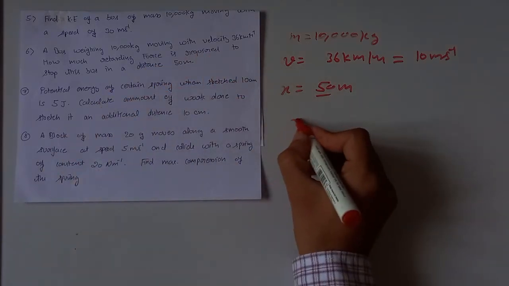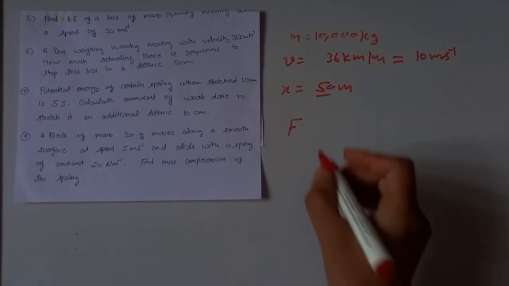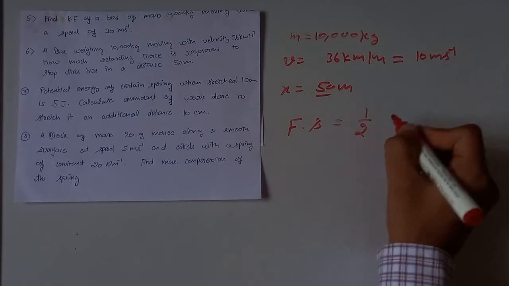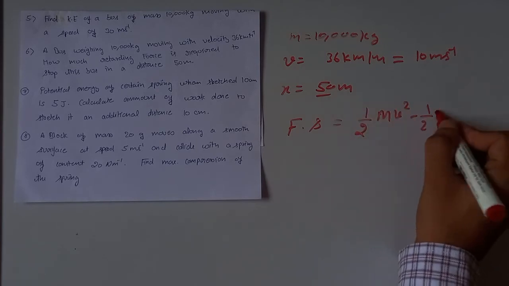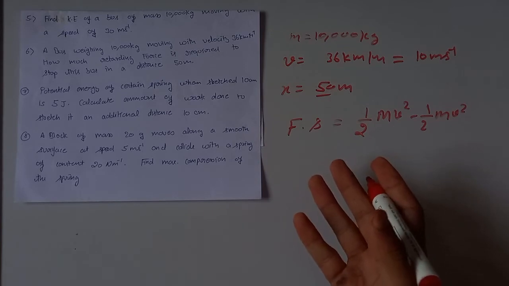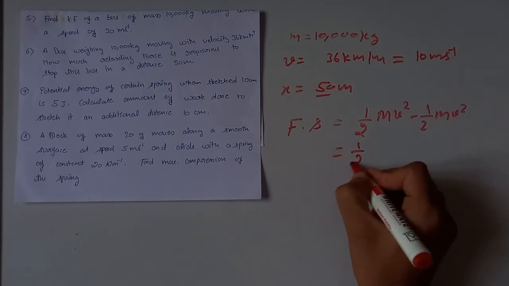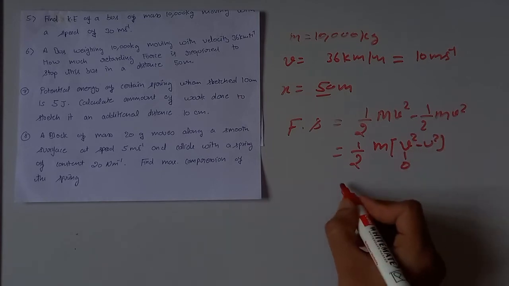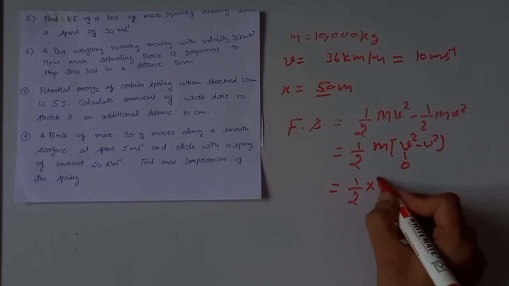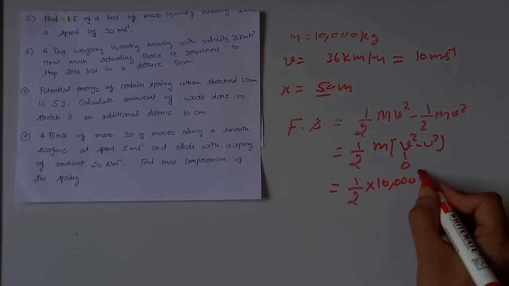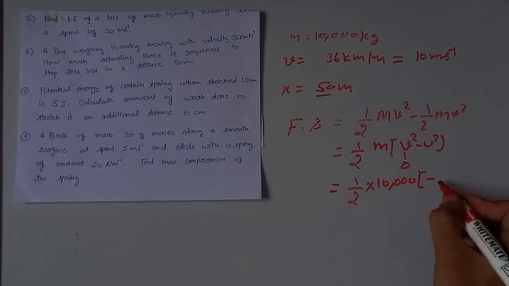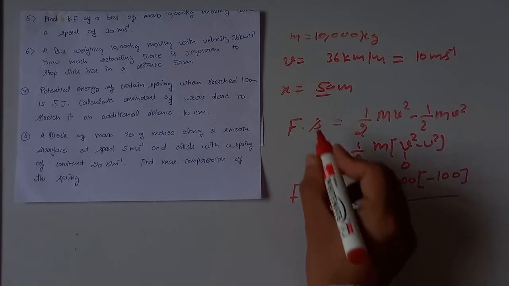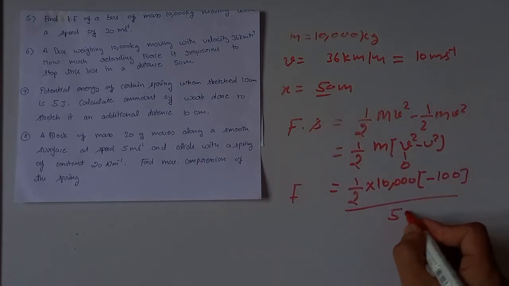We know the relation between the force and the kinetic energy: force into displacement is equal to half mv square minus half mu square, as we discussed earlier. Now here, half m times v square minus u square, where v is approaching 0. The mass is 10,000 kg into 0 minus u square, where u is 10. 10 into 10 is 100 with negative sign, divided by s, where s is 50 meter.